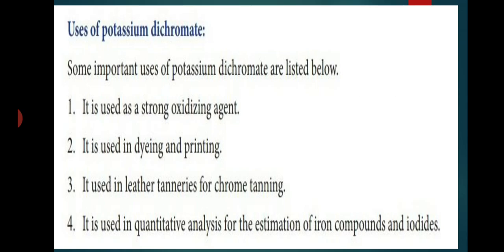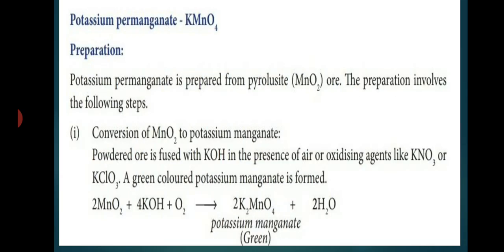Quantitative analysis leads to the estimation and qualitative analysis leads to the detection. So here it is used in quantitative analysis for the estimation of iron oxides and iodides. So these are the important concepts in potassium dichromate.